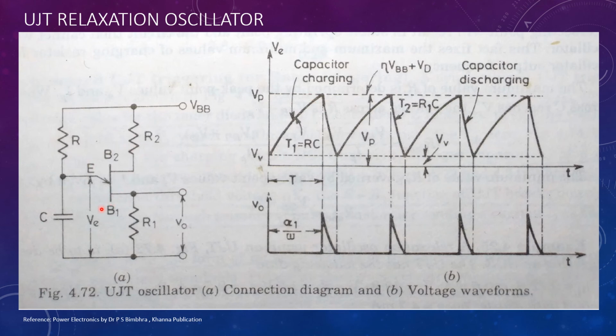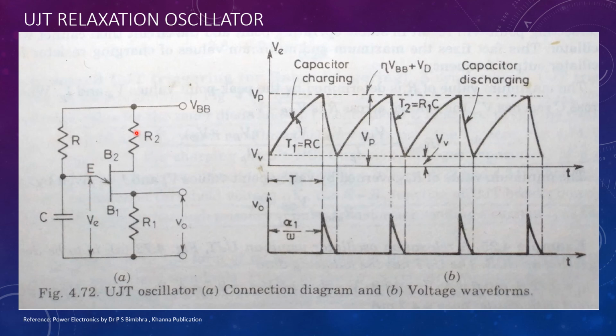The UJT is in off state as long as the emitter voltage is less than eta VBB plus VD, that is, the peak point voltage. Suppose the capacitor has a charge of valley point voltage. Since the voltage of the capacitor is below the peak point voltage, the UJT is in off condition.